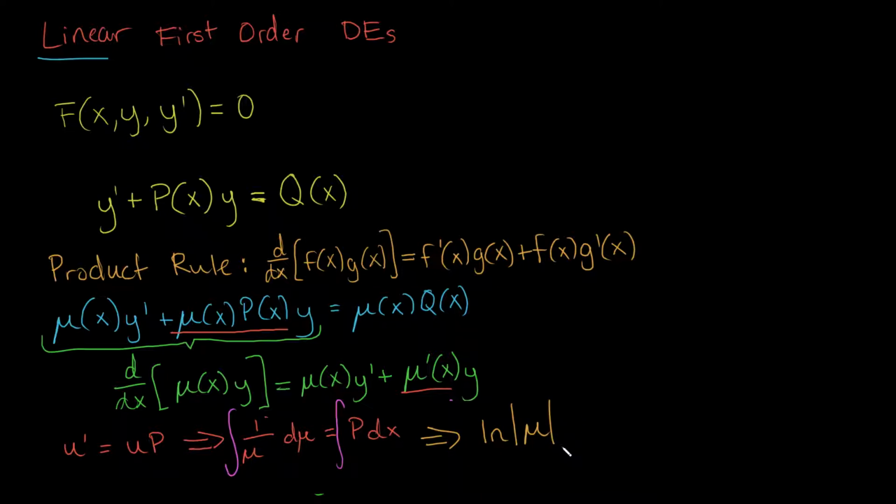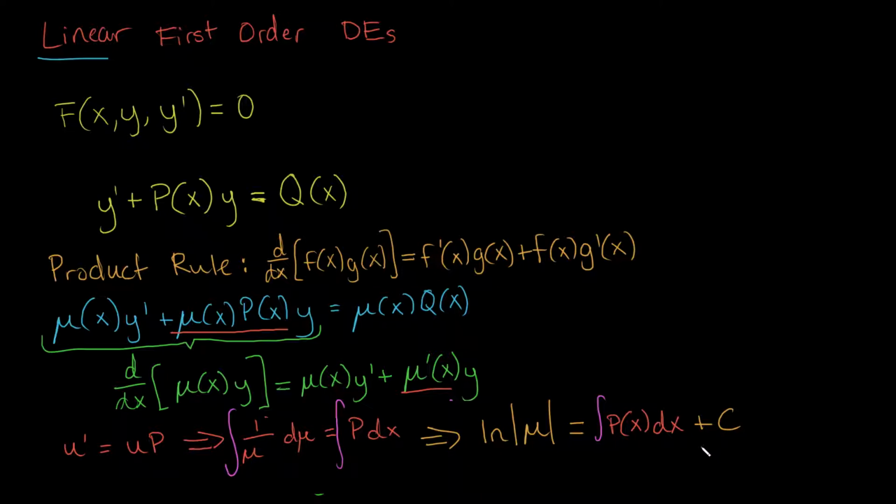And again, we're going to save up our plus c for the very end. And we're going to have equals the integral of p of x dx. We're not actually sure what that is because p of x could be anything, so we're just going to leave that in the form of the integral of p of x dx. But we can still go ahead and add our c to the equation.